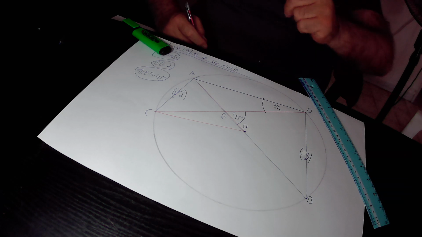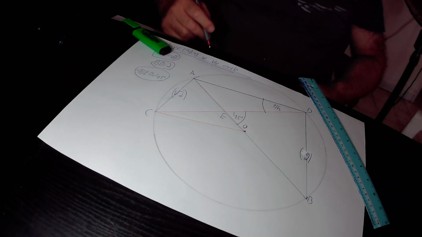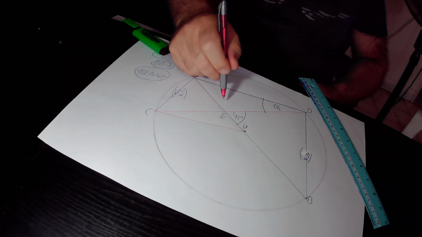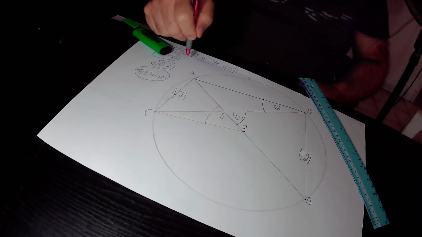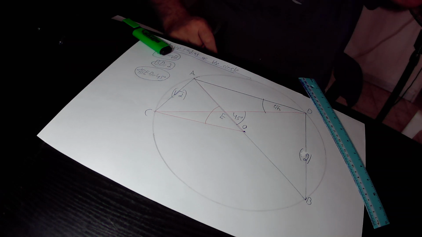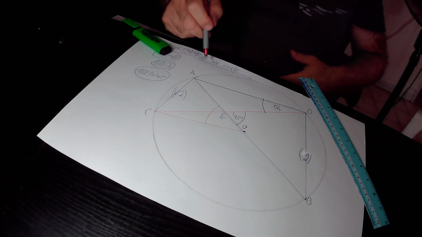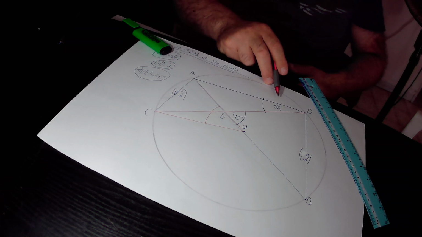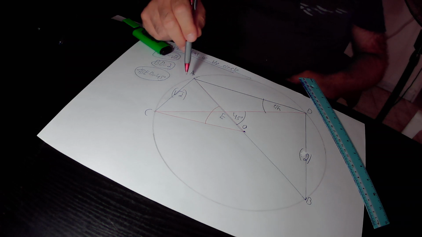By doing this construction, we create here the central angle AOC. This central angle AOC is subtended on the same chord AC, exactly like this peripheral angle ADC that is also subtended on this chord AC.